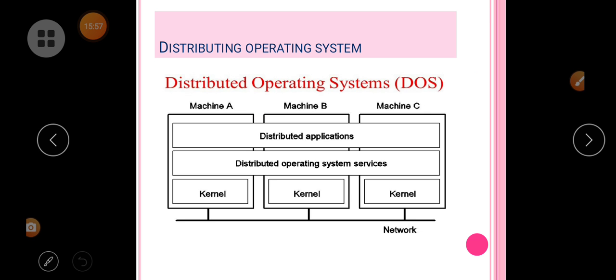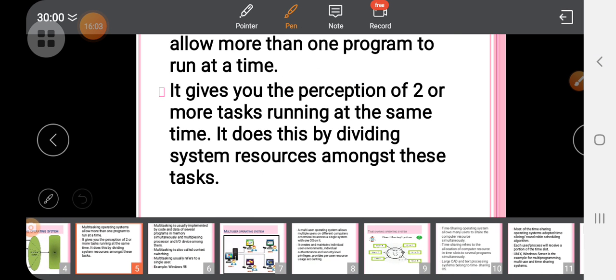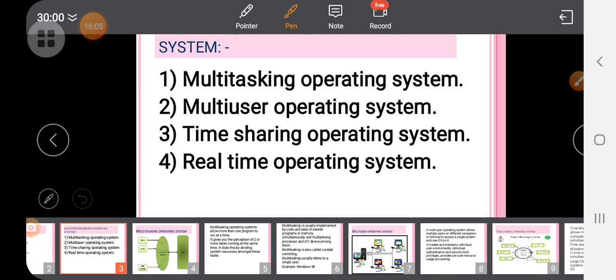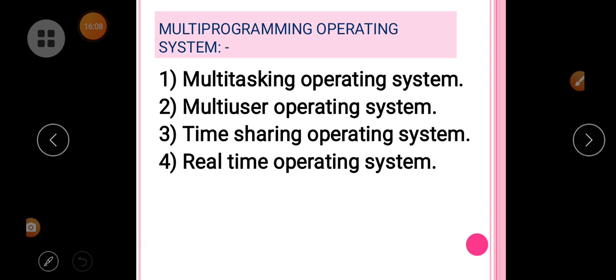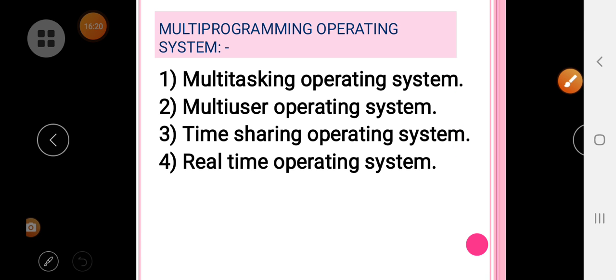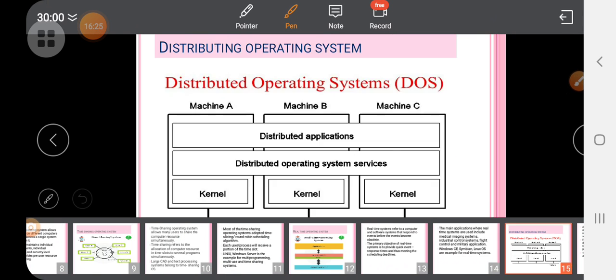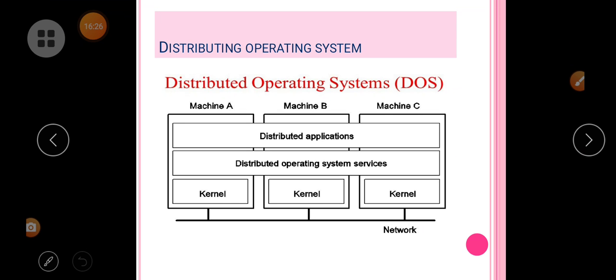This is the fourth kind of operating system. Multi-programming operating systems include all these four things: multitasking, multi-user, time sharing, and distributed operating system.